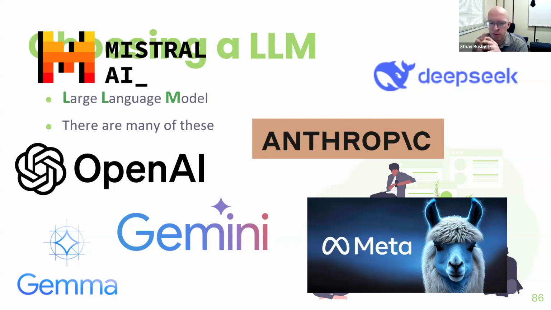Mistral AI has a set of models. OpenAI has their more famous models. Gemini, Gemma, which is again an open source Google model that's separate from the Gemini models. Meta has their Llama models, and there are more besides. I just threw some logos up here, but we could have filled this screen with more depictions and names of the various language models that someone could interact with or use in various applications.